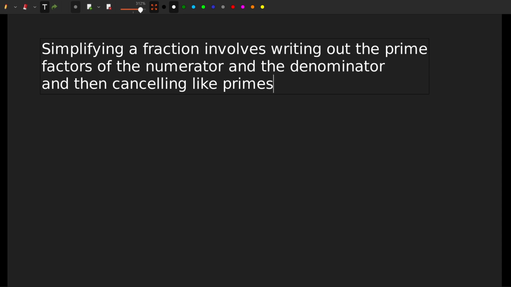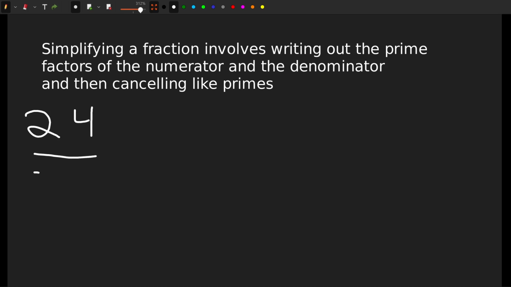Okay, a lot of words there. So simplifying a fraction involves writing out the prime factors of the numerator and the denominator, and then canceling the like primes. So we're going to use 24 over 30 as our example.